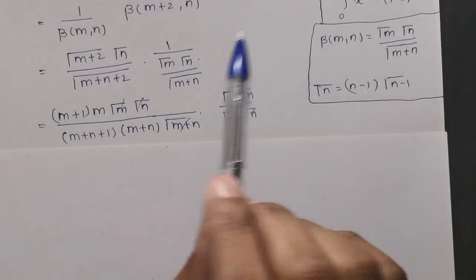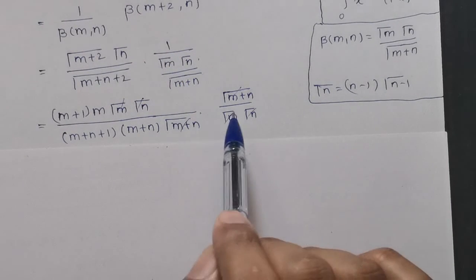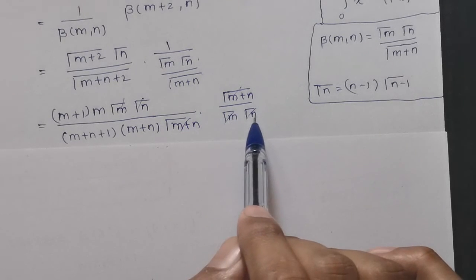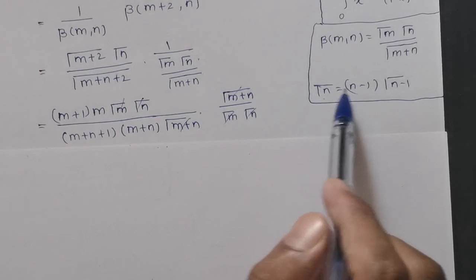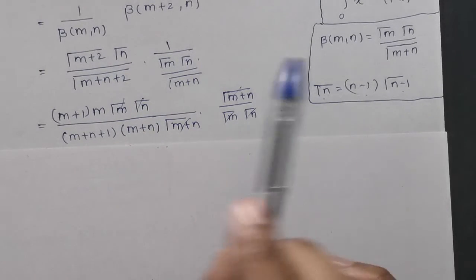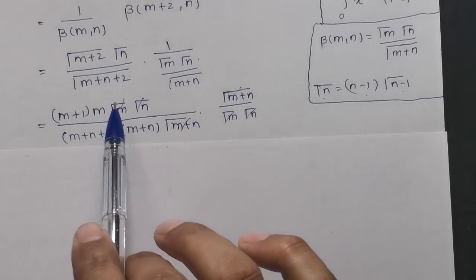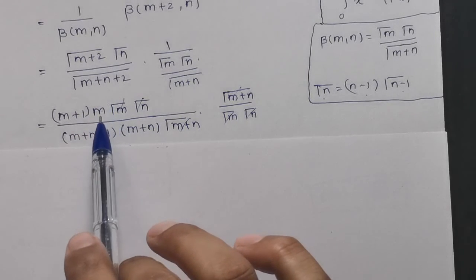The denominator of a denominator is the numerator, so it can be written as gamma m plus n divided by gamma m into gamma n. Here I have used gamma n is equal to n minus 1 into gamma n minus 1. So gamma m plus 2 is m plus 1 into gamma m plus 1, and again gamma m plus 1 is m into gamma m.